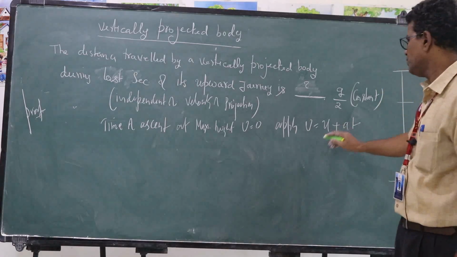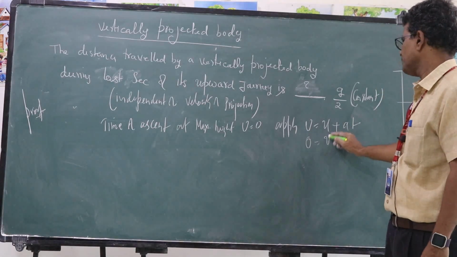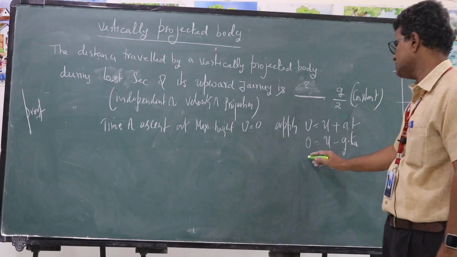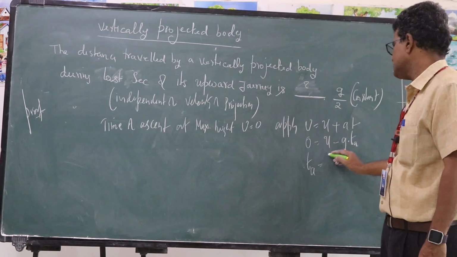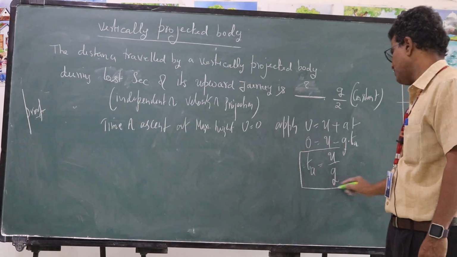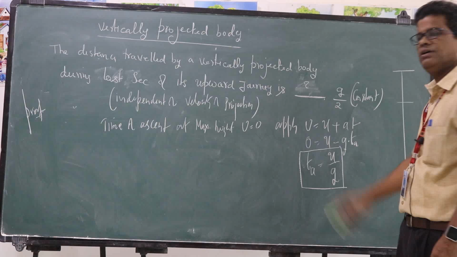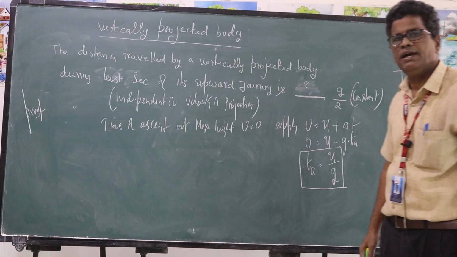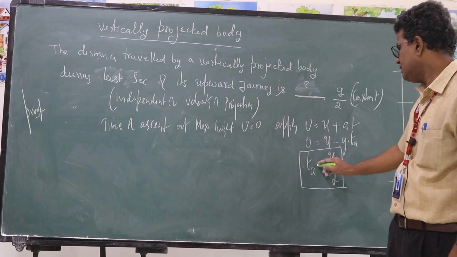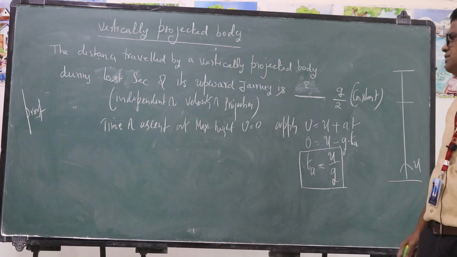v is 0, u, a becomes minus g, into t. So this gives time of ascent is equal to u by g. This is the formula you keep in mind. A body is projected vertically up with initial velocity u. How much time will it take to reach maximum height?